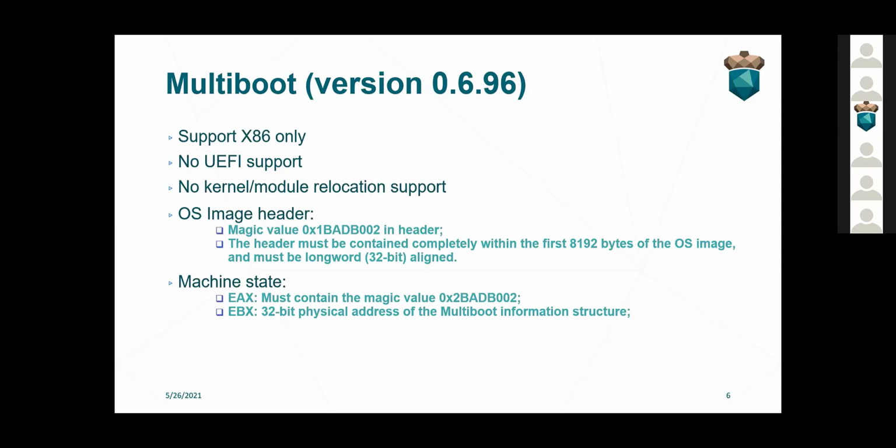There's a magic value in its header, and the header must be contained completely within the first 8K bytes of the OS image, and must be 32-bit aligned. From this, the bootloader can know whether the image supports multiboot or not.